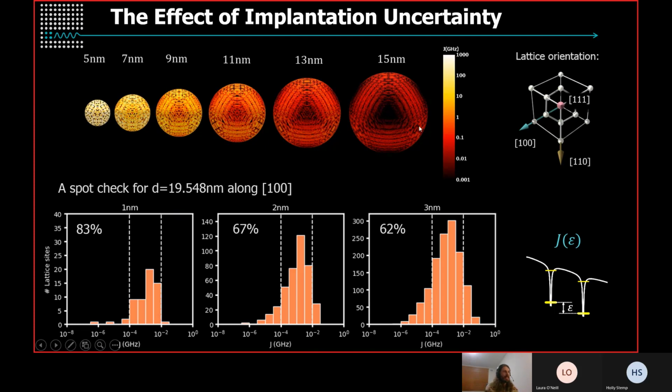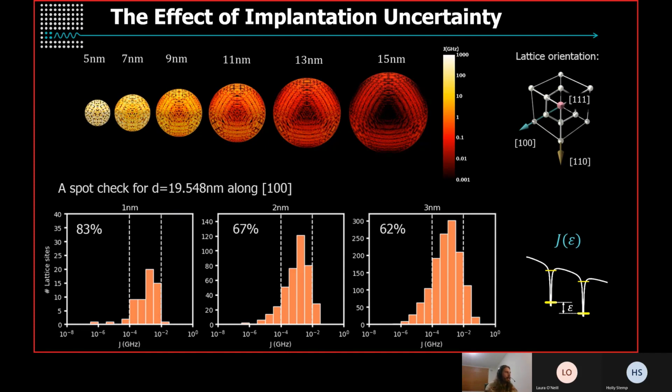But you can also see that the exchange interaction varies by orders of magnitude for just small changes in crystal direction. And I was wondering, is this really detrimental to our approach of building a quantum computer? To check this, I performed a spot check. I positioned one donor at the origin and the second 19.5 nanometers away from that. It's a configuration that's viable for high fidelity CROT gates.